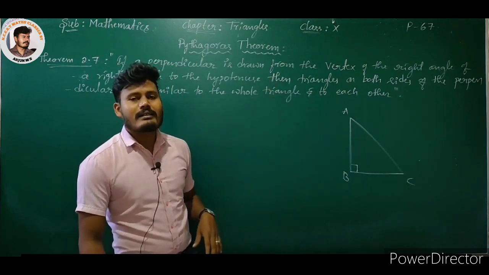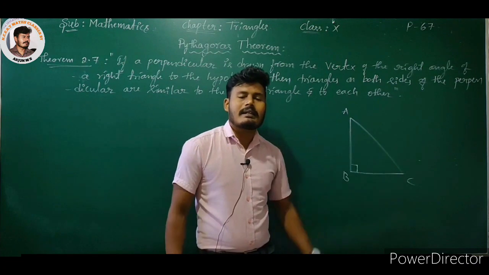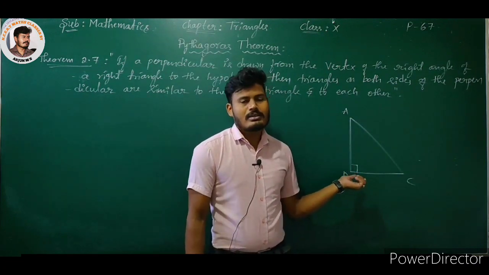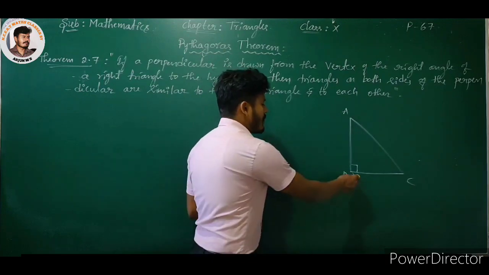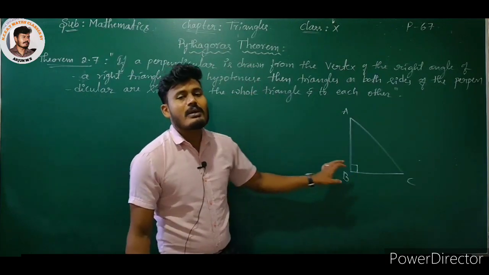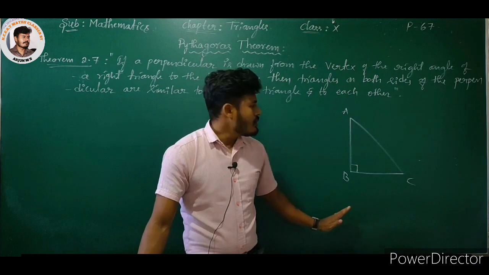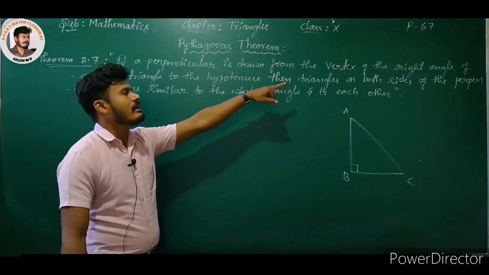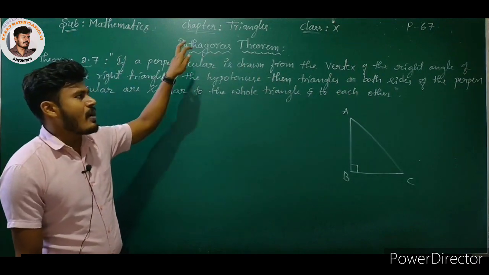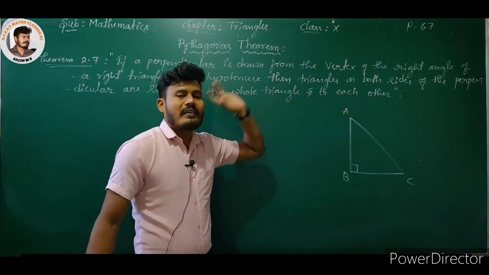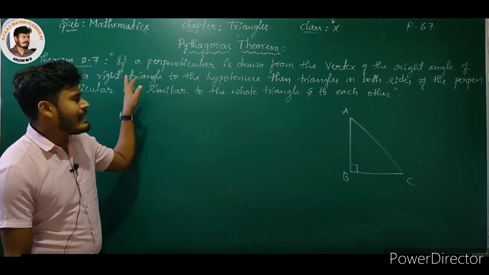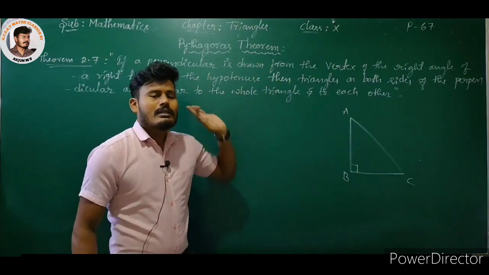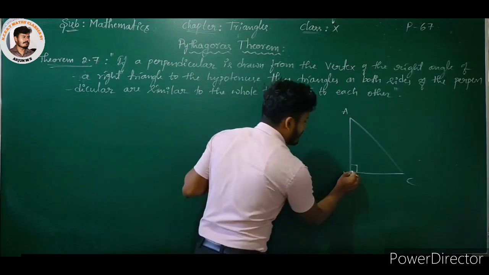Here ABC is a right angle triangle, and the vertex of the right angle is B. So you draw a perpendicular from the vertex B to the hypotenuse AC.